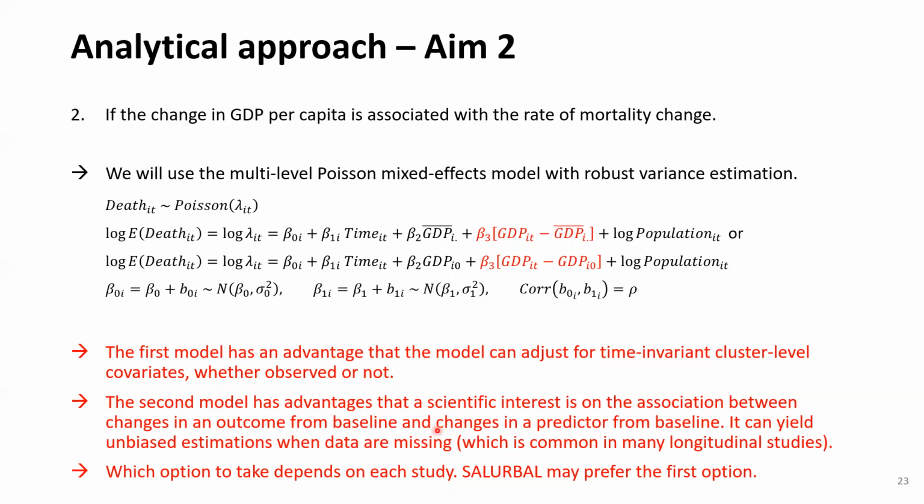And the second option is the initial value of GDP, and the change starting from the initial value. So it's easy to explain. This is one thing we may consider. Also, this model can give us less biased estimation when data are missing.